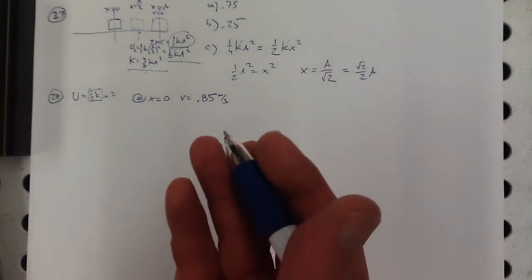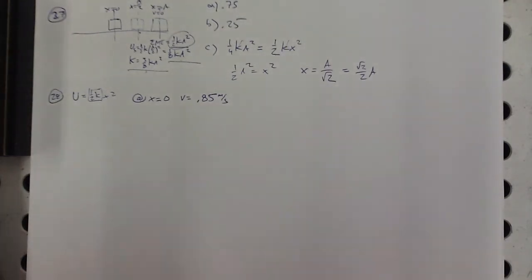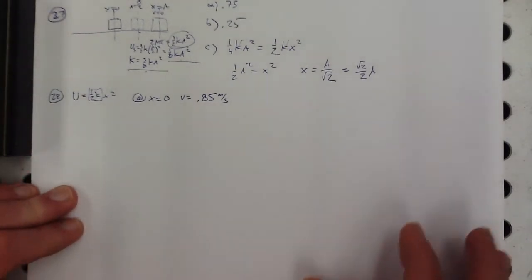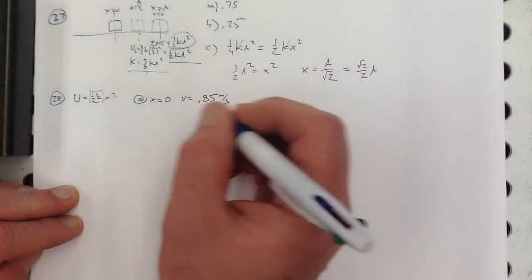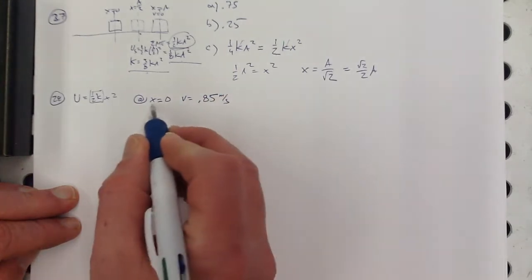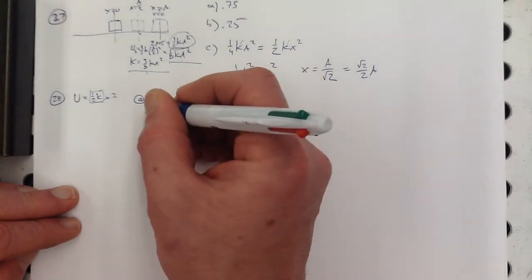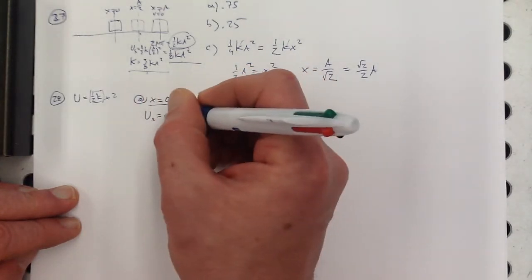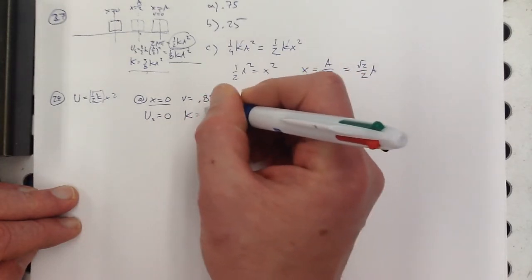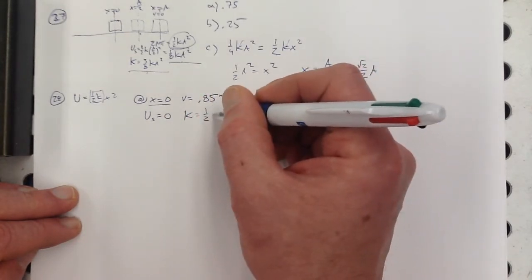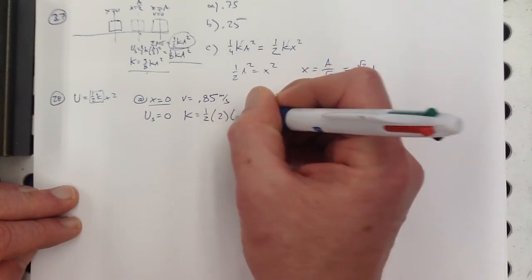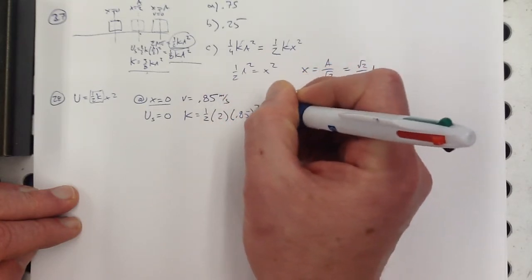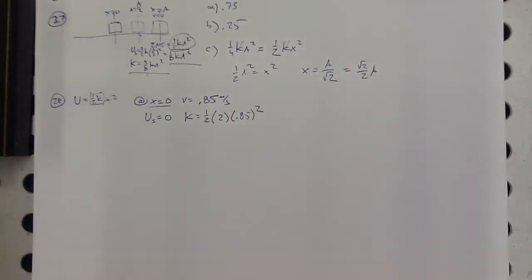So we want to find out how much energy it has. And go from there. So let's see. How much energy does it have at this equilibrium point? At the equilibrium point, that's where there's no potential energy. It's all kinetic energy. 1/2 mv squared. Got a calculator around here somewhere.